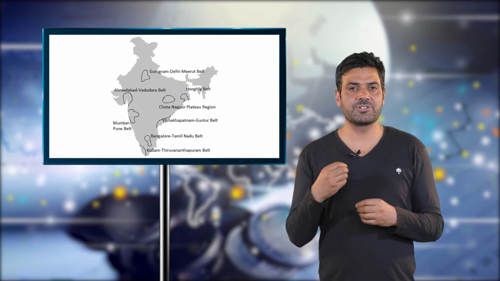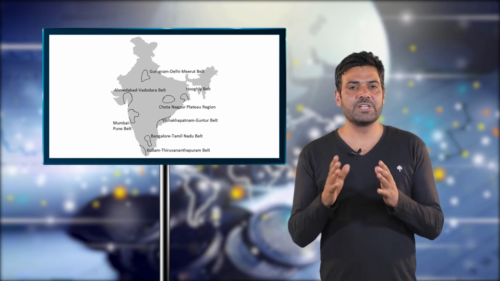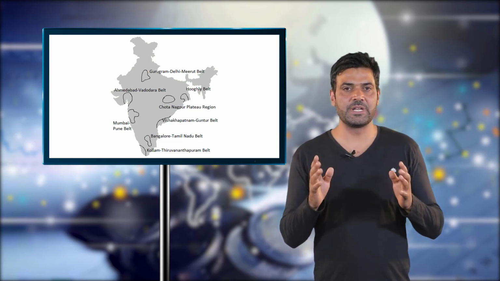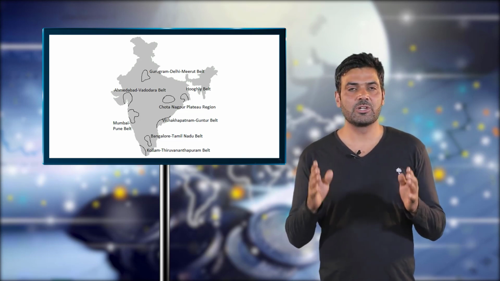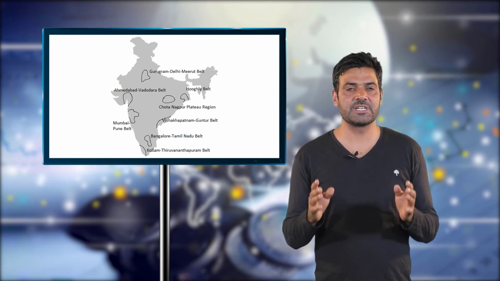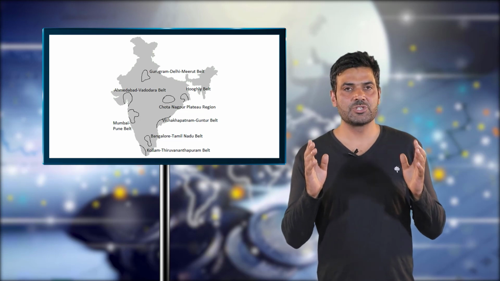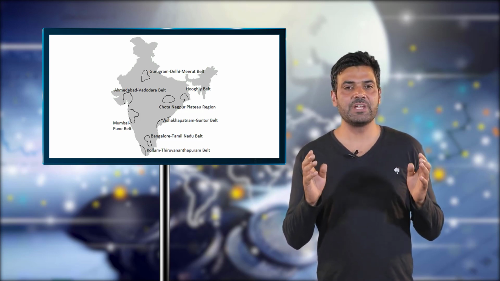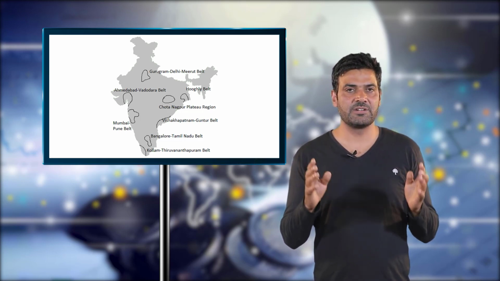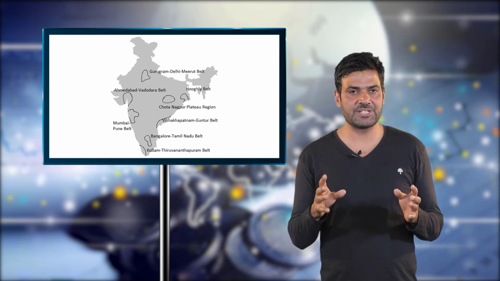If we talk about the industrial regions in India, we have regions like the Mumbai-Pune cluster, the Bangalore-Tamil Nadu region, the Hooghly region, the Ahmedabad-Baroda region, the Chota Nagpur industrial belt, the Visakhapatnam-Guntur belt, the Gurgaon-Delhi-Meerut region, and the Kollam-Thiruvananthapuram belt. With this, we conclude today's lecture.